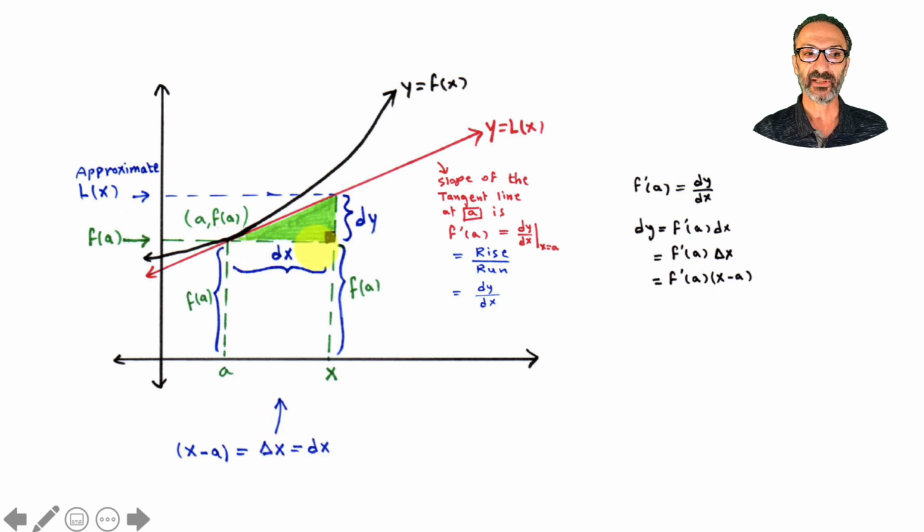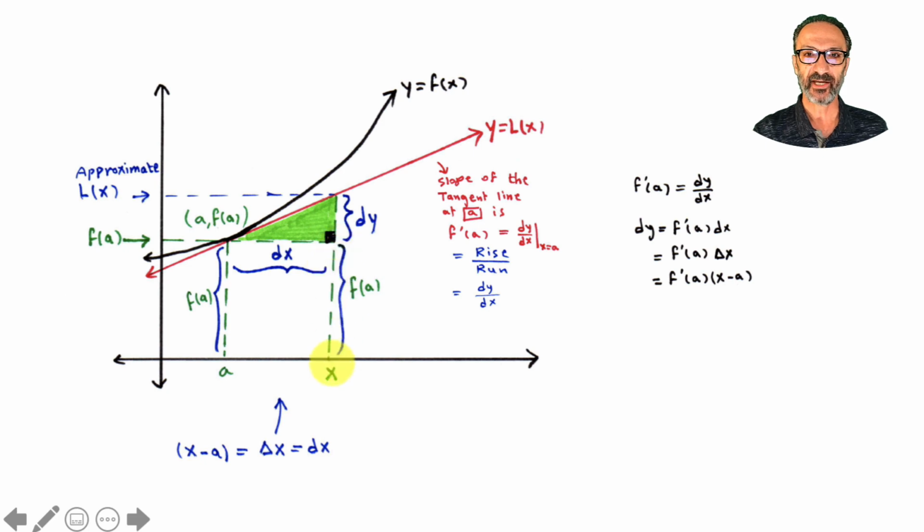So the dx and delta x are the same, but delta y is not the same as dy. So I could replace dx, which came from a cross multiply, if you could say so, by delta x. But we agreed on delta x to be that difference, so it's x minus a. So far so good, right?